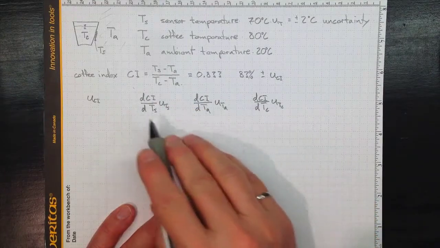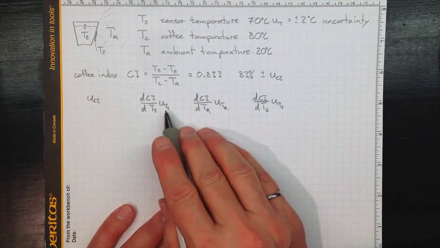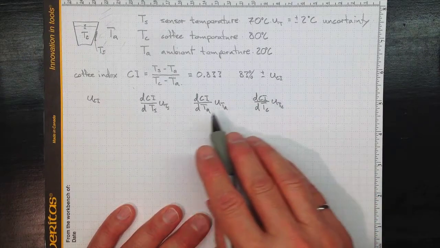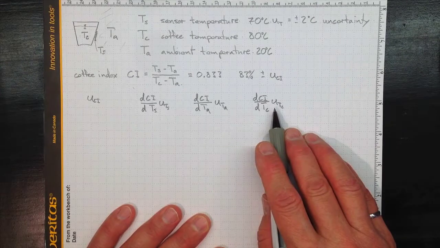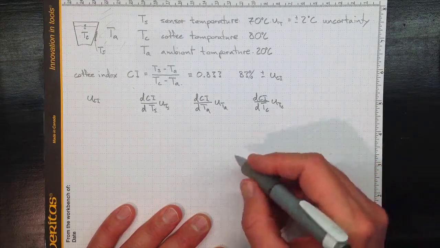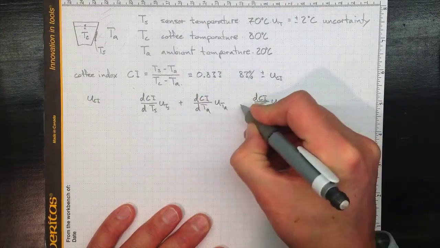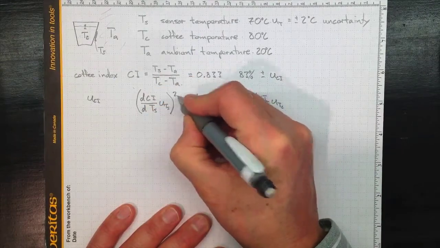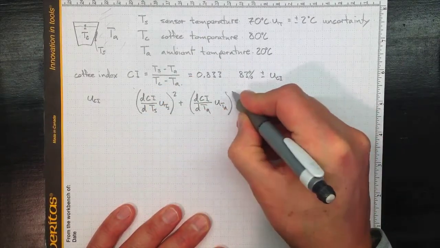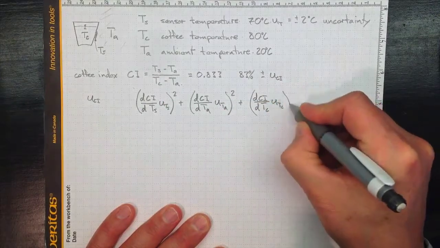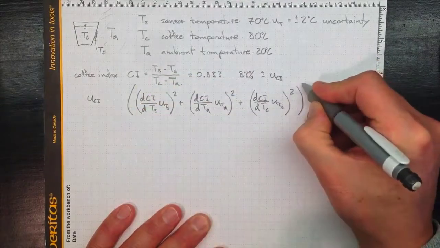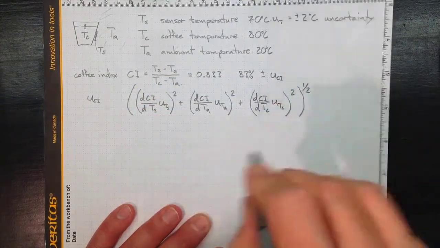So this one, if I have an uncertainty in my coffee temperature measurement, then I'll get an uncertainty in the CI overall. Now, because these uncertainties may be independent, they won't all be acting in the same direction at the same time, at least we hope. So when we add these up, we square them and then take the square root for the overall uncertainty.